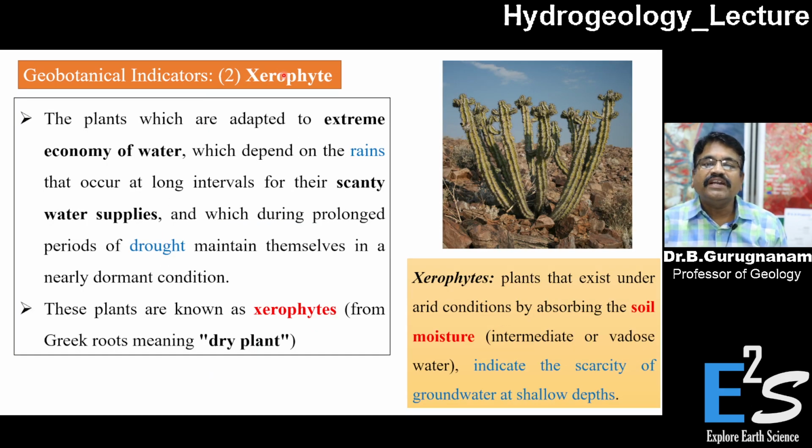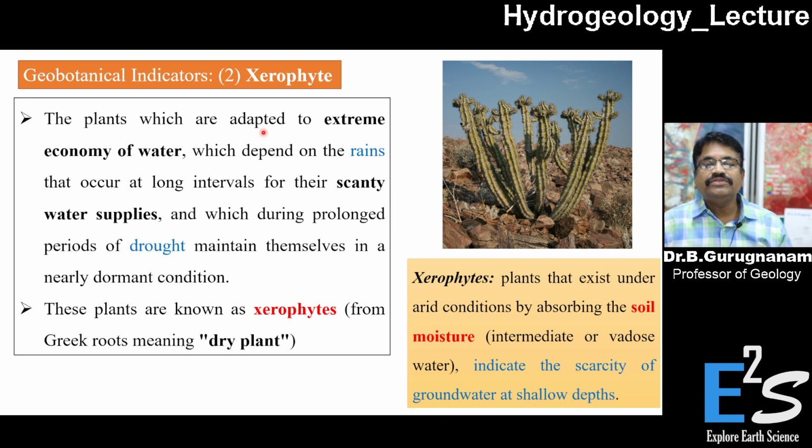And coming to the second type, xerophytes. Xerophytes are plants that exist under arid conditions by absorbing soil moisture. Only the water which is present in the soil, it takes and it lives, so it consumes only a little amount of water. Intermediate or vadose water indicates the scarcity of groundwater at shallow depth.